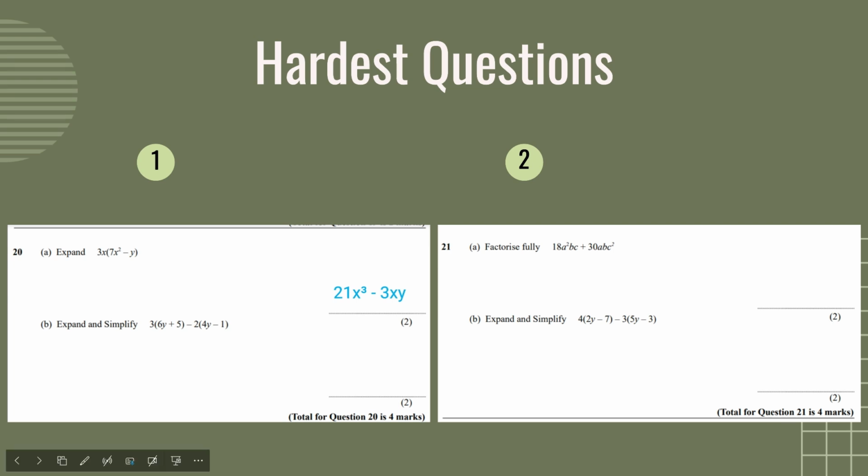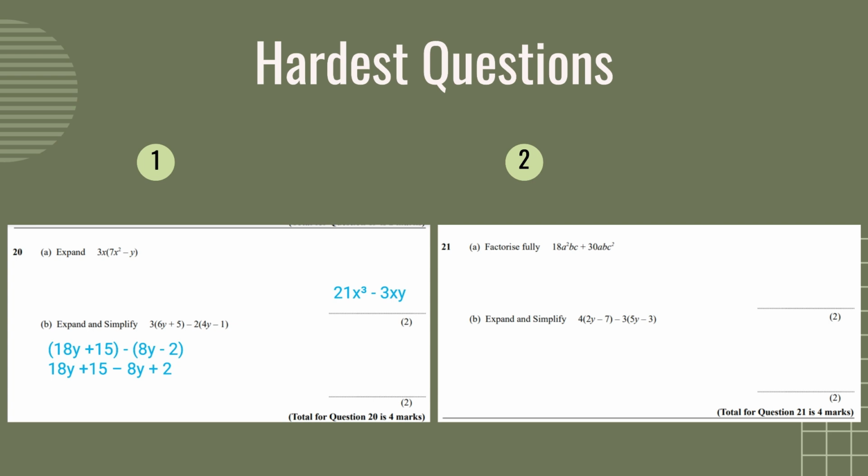In part B of the question, we are asked to expand and simplify 3 bracket 6y plus 5 minus 2 bracket 4y minus 1. First, we must expand both brackets to get 18y plus 15 minus 8y minus 2.